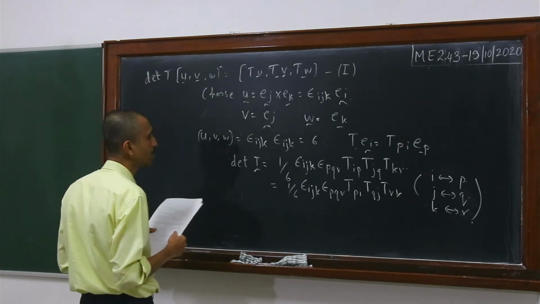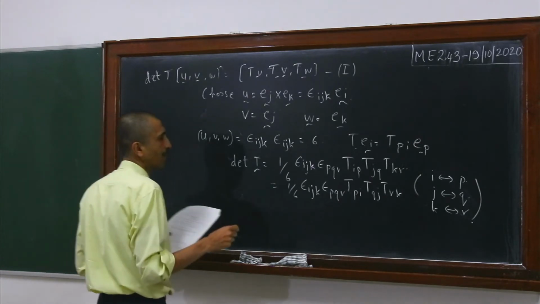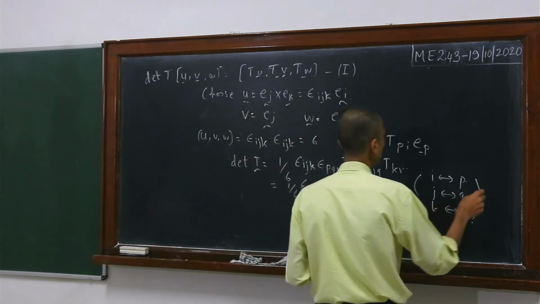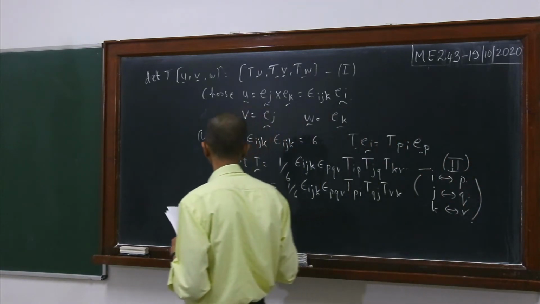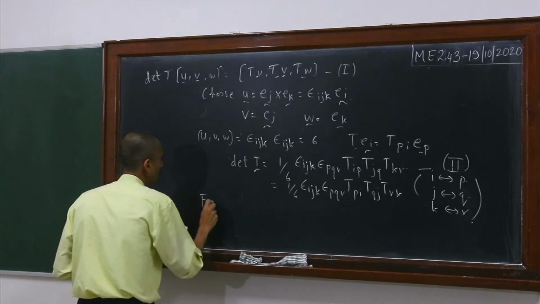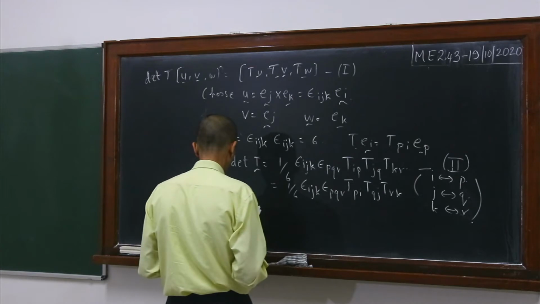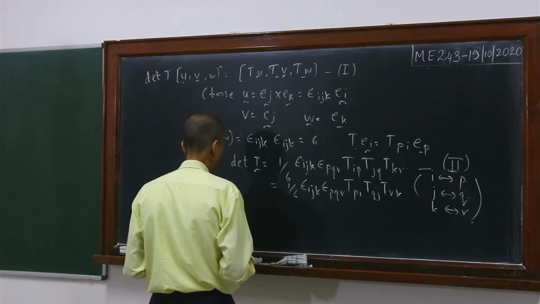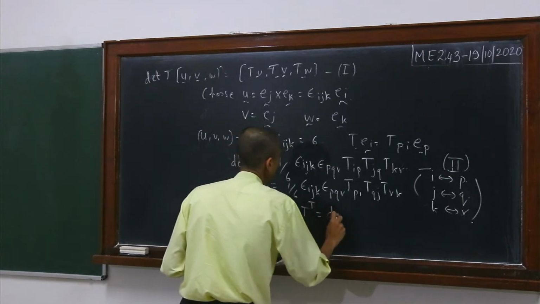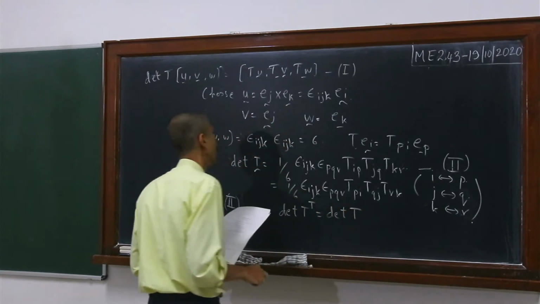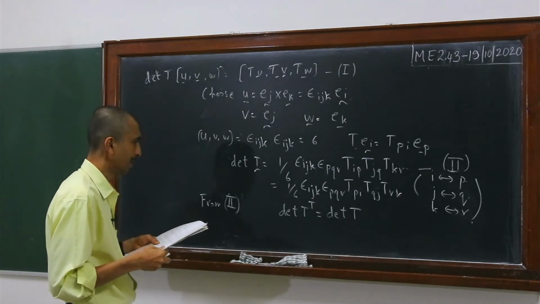So from these two formulae, let me call this relation here as 2. So from 2, now what we get is that the determinant of T transpose is equal to the determinant of T. So this is directly following from this particular relation here.